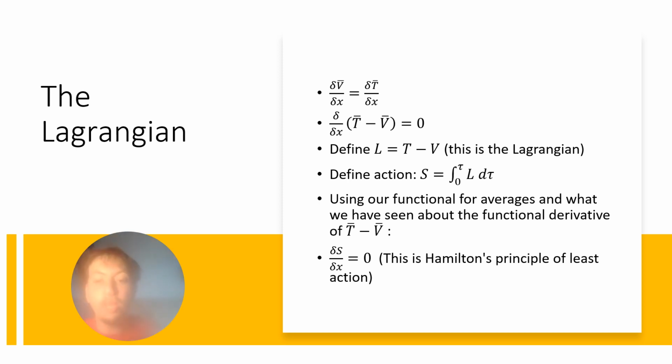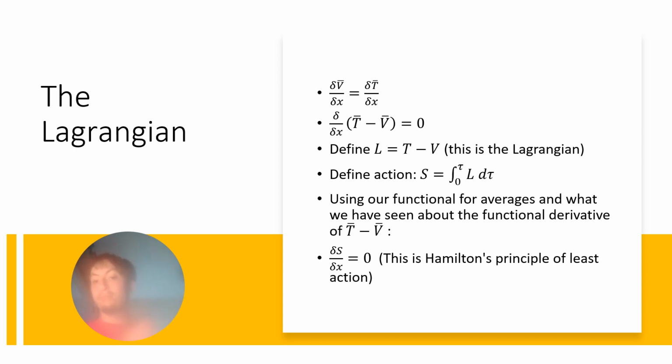And so we can think of Newton's second law as an equation that arises because particles are trying to minimize the local output of a functional. They're trying to minimize the value that we get when we take the functional.